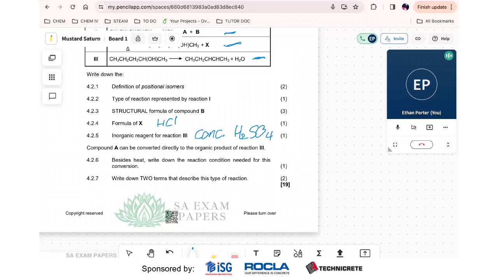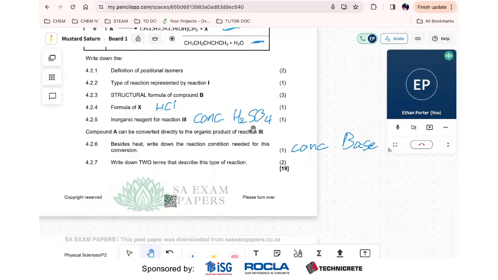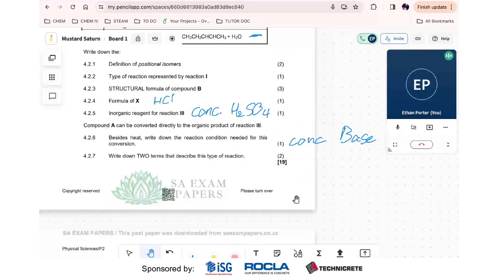So the product of reaction 1 to the product of reaction 3, this is where the concentrated base comes in. So I got a bit mixed up there. It's very easy to get mixed up with all these reagents, all these different things you just have to memorize. It's useful to write down a crib sheet and memorize it, and practice it, so that you don't make these mistakes like what I just did. You see how easy it is to get confused.